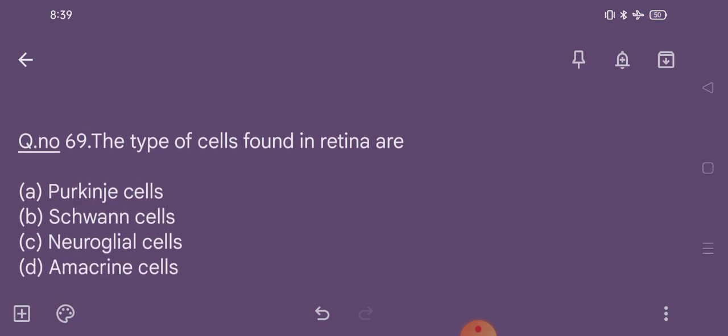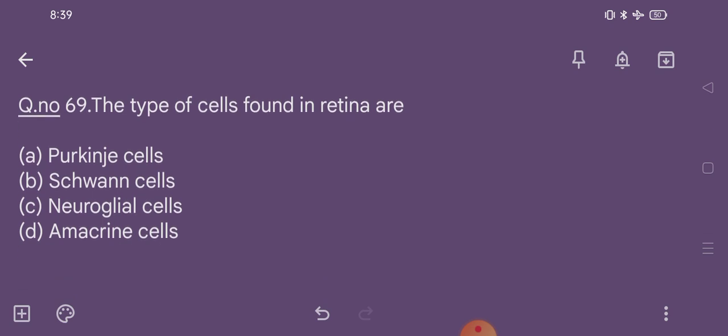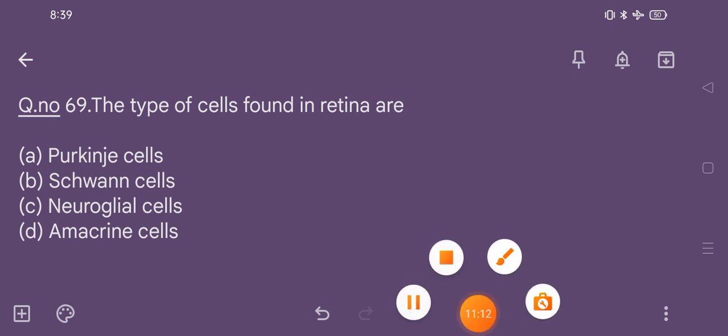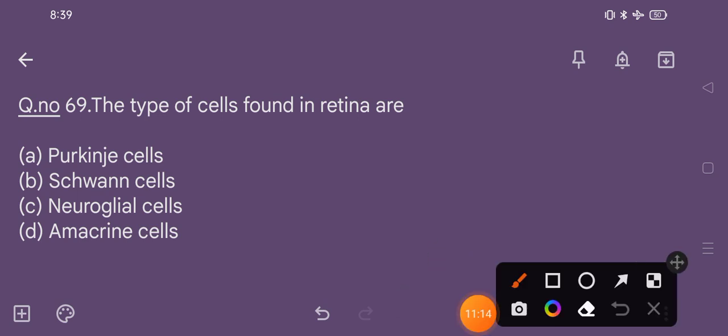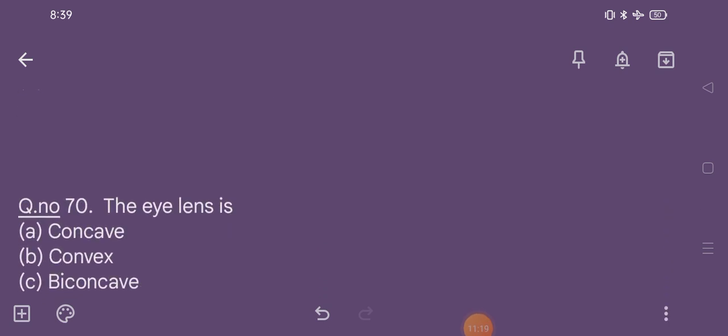Question number 69. The type of cell found in the retina are: option A is Purkinje cells, option B is Schwann cells, option C is neuroglial cells, option D is amacrine cells. तो इनमें से हमें बोलना है कौन से ऐसे सेल्स हैं जो रेटिना में पाए जाते हैं। Option D is the correct one, that is amacrine cells.